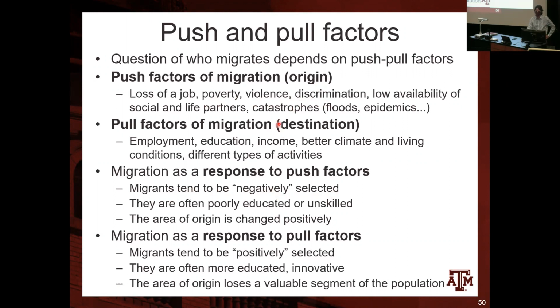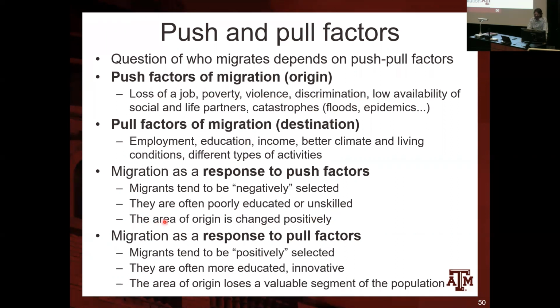Because these people are facing all these problems in the area of origin, they will want to move to other areas, not because other areas have good opportunities, but mostly because they are facing all these issues in the area of origin. They will tend to be more poorly educated and have lower skills in terms of jobs that they could perform.